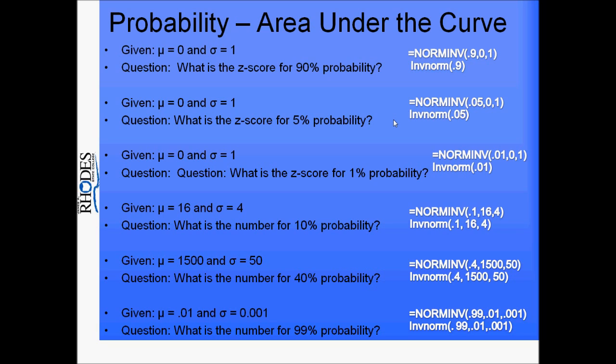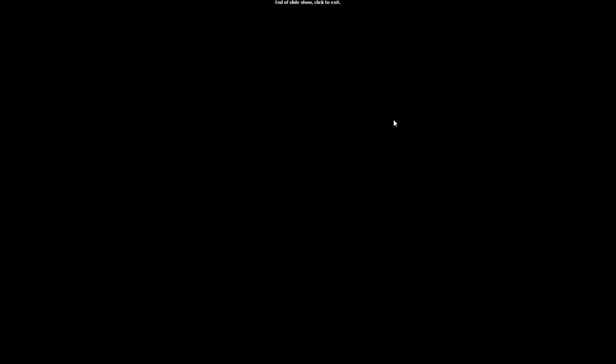Type enter. So at 0.0123, that will give you a 99% probability. So 0.0123. Okay. Alright, well that concludes our section on normal distribution, and look forward to seeing you next time.